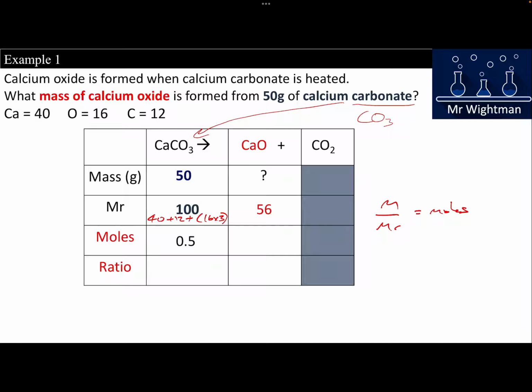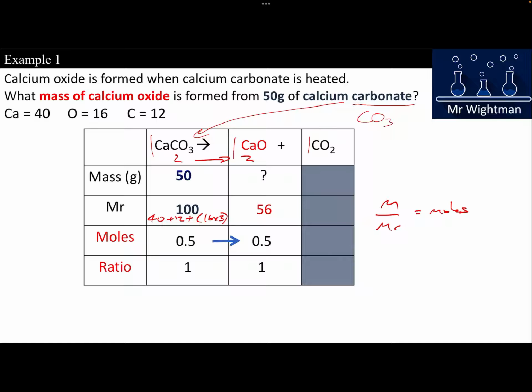In this case, it's 1, 1, 1. Therefore, if I had 0.5 moles of calcium carbonate, then I'm also going to have 0.5 moles of calcium oxide. If I had 2 moles of calcium carbonate, then I would have 2 moles of calcium oxide. If I had 3 moles, then I would have 3 moles of calcium oxide as well.